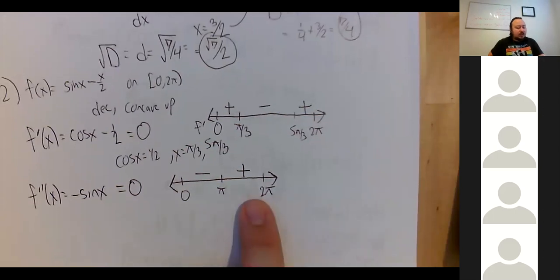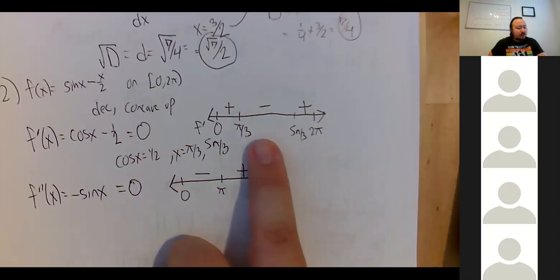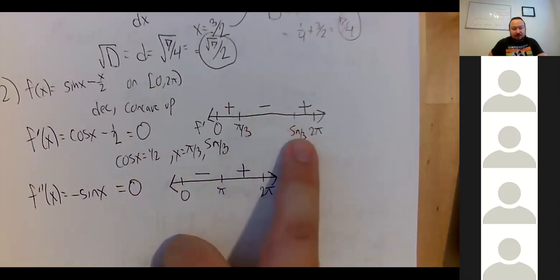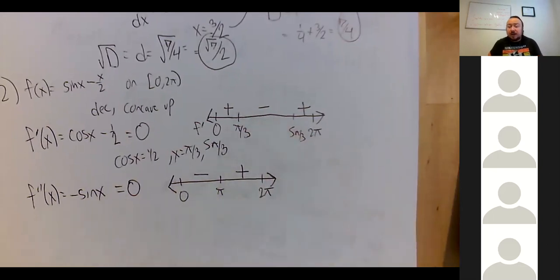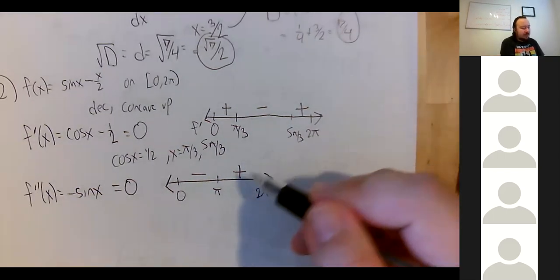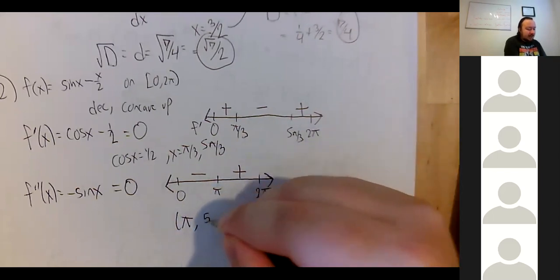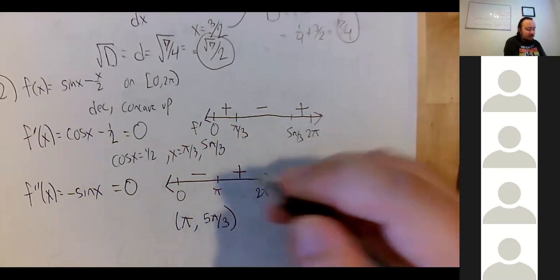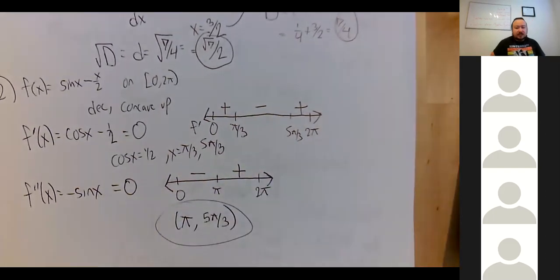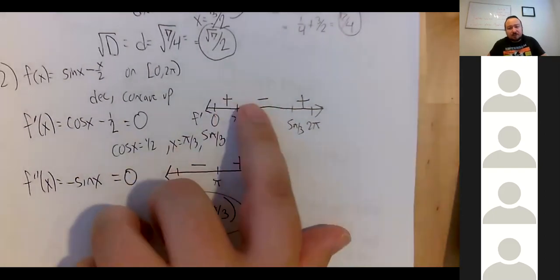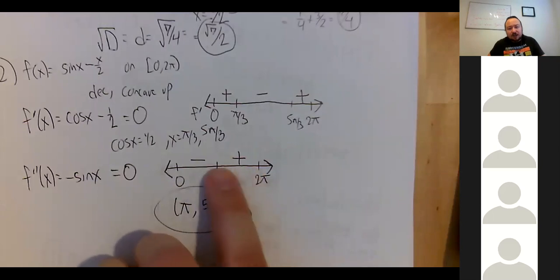So it seems like we're concave up in this region from pi to 2 pi, and we're decreasing in this region from pi over 3 to 5 pi over 3. So we want to have it where both of those are true. So we're going to look at the intersection of these two intervals. Our interval is going to be from pi to 5 pi over 3, because that's the interval that is both in here and in here.